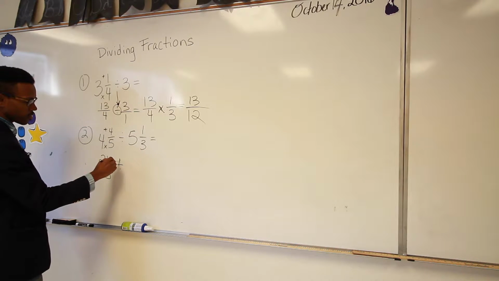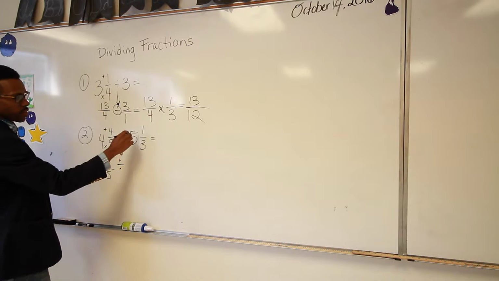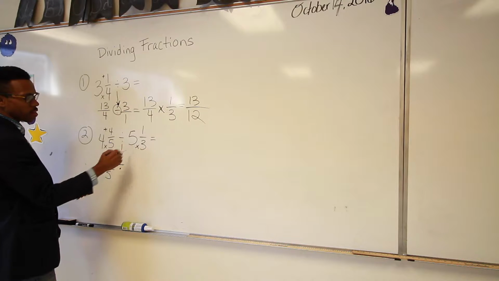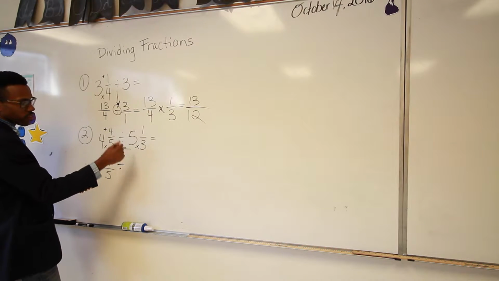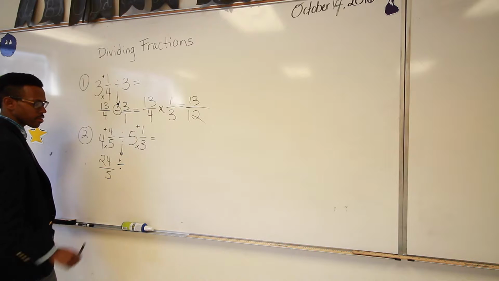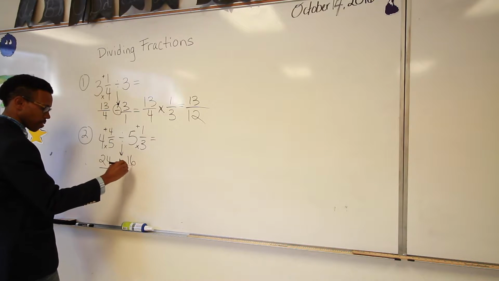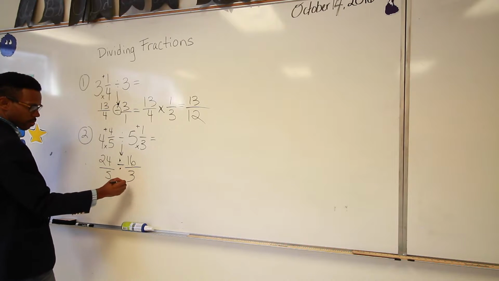Bring my division sign down. Same thing over here. I have another mixed number, and I'm going to change it to an improper fraction. 3 times 5 is 15. Add the 1 up here, that's 16, and simply keep the same denominator.